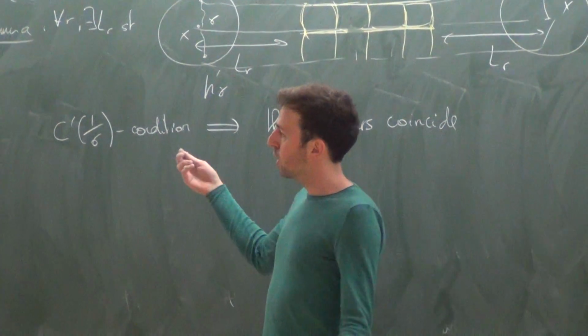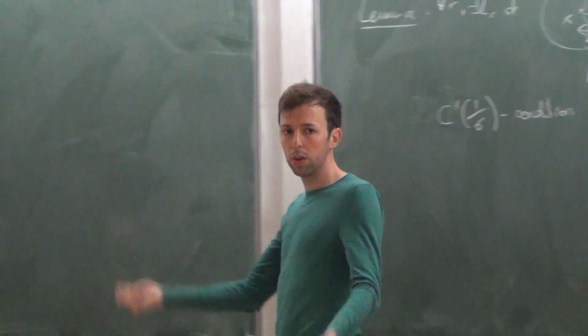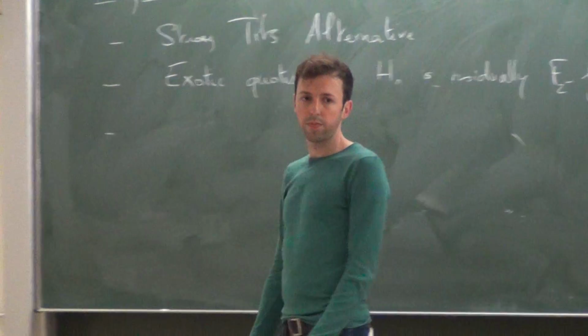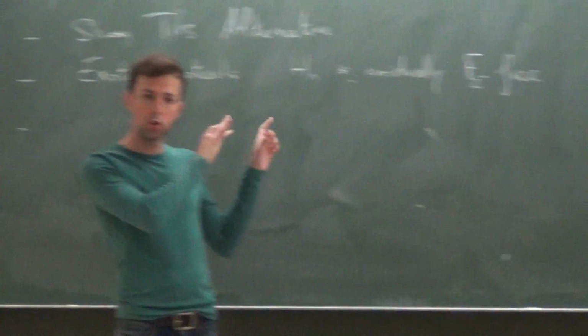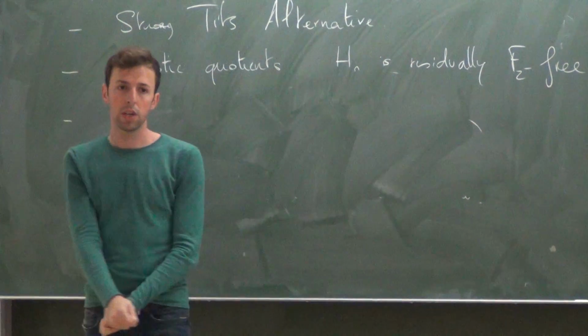Since the vertex stabilizer does not contain F2, you can show that the limit group that you get is really F2-free. So you do nothing at the level of the vertex group. So all those Baumslag-Solitar subgroups are surviving in that quotient.